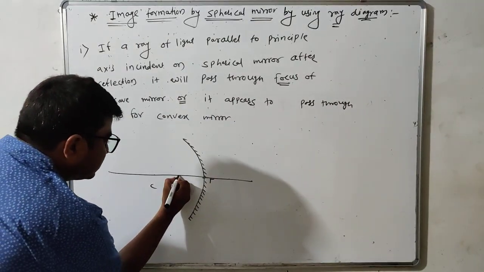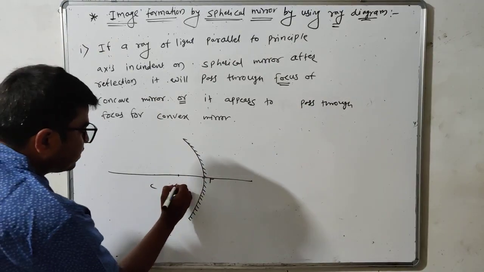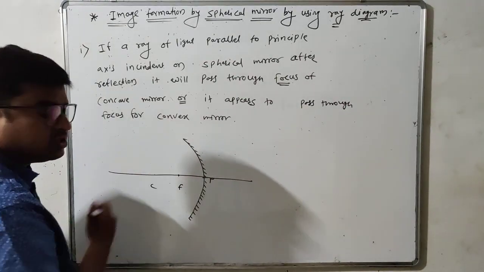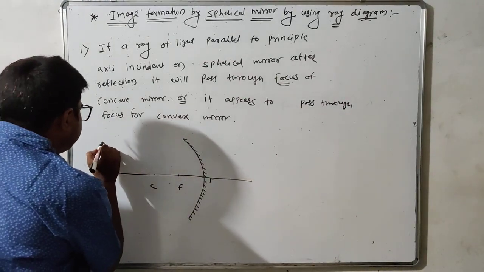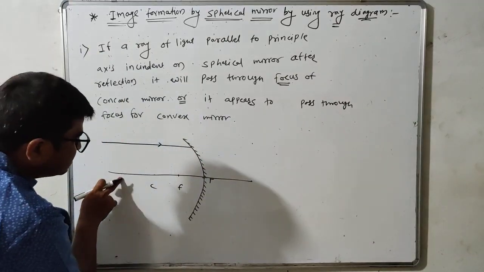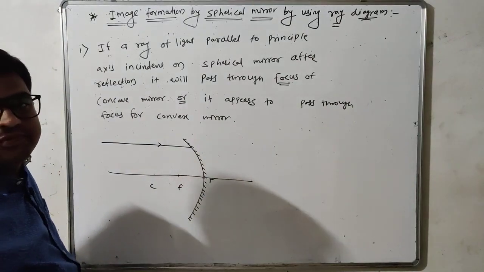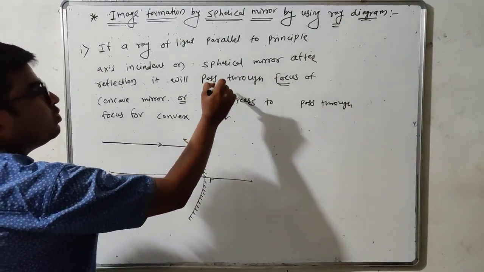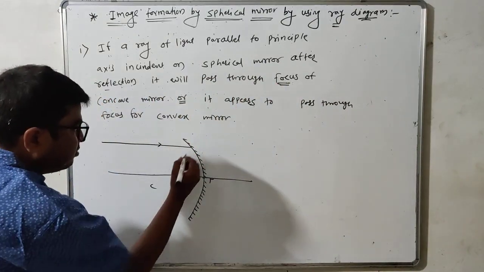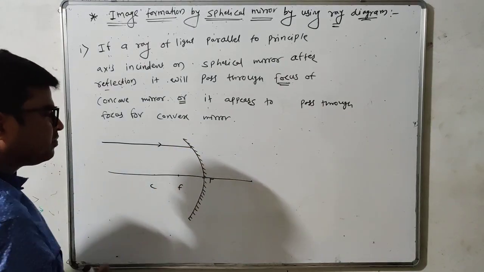A point located exactly midway between the center of curvature and the pole is the position of what? Focus. We already studied this point. Now, if a ray of light which is parallel to the principal axis is incident on a concave spherical mirror, what does this rule tell us? After reflection it will pass through the focus, like this.